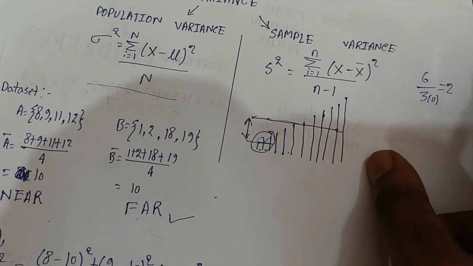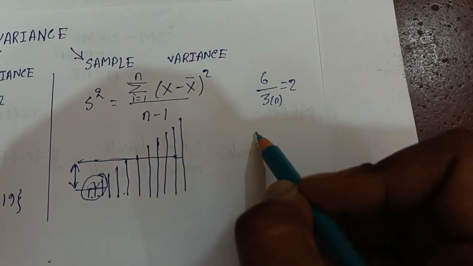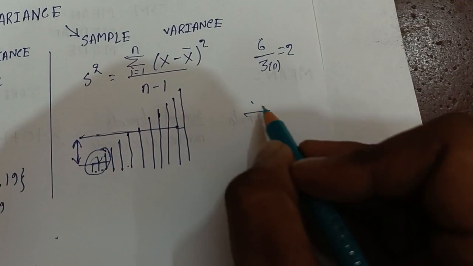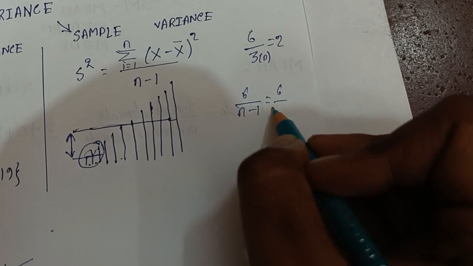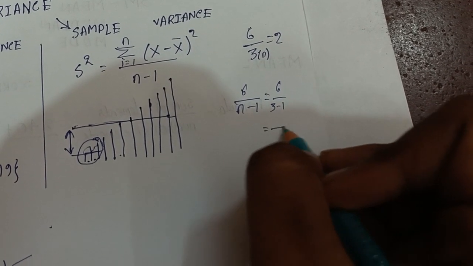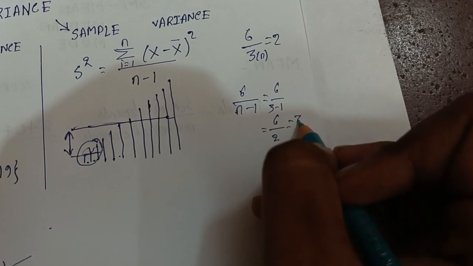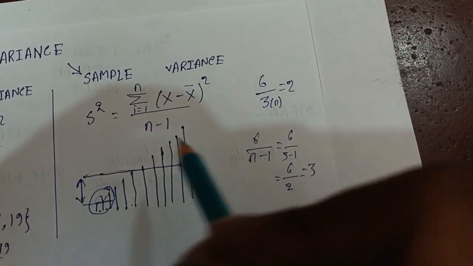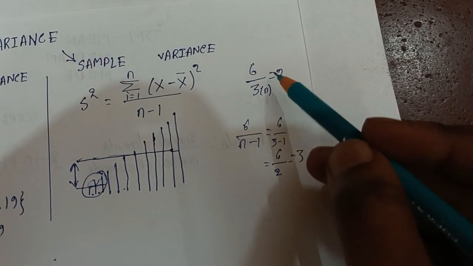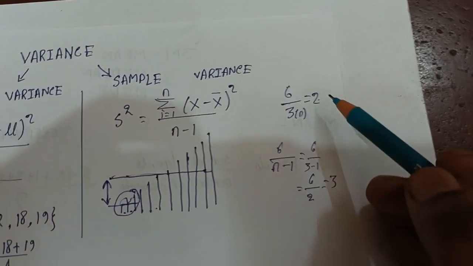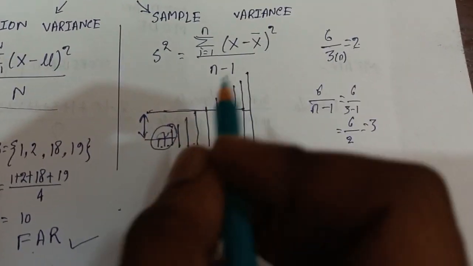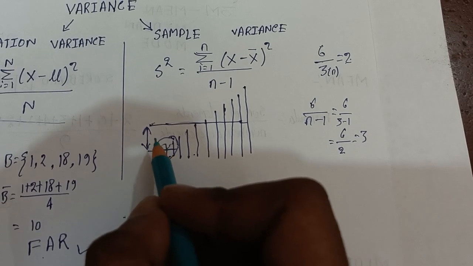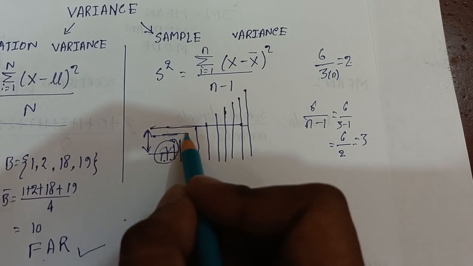Now for the same thing, I put n minus 1, that is 6 by 3 minus 1, that is 6 by 2, which is equal to 3. You can see that just because of this minus 1, the calculation of the variance is increased by 1. So for this minus 1, the mean will increase to around this region.